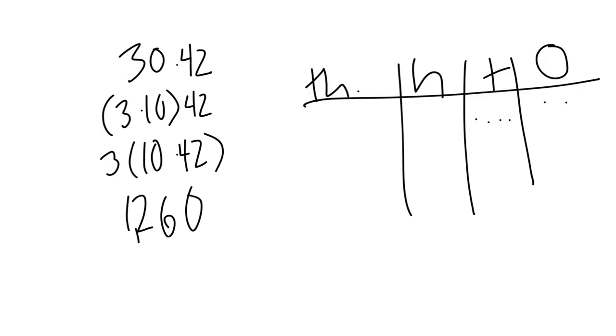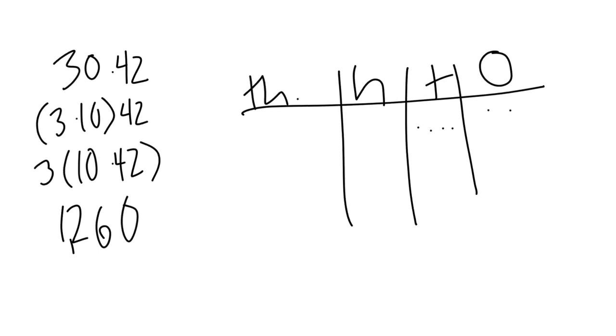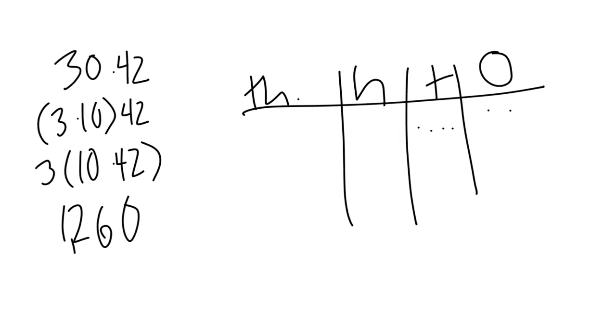So for our next problem, we're going to have 30 times 42. With the associative property, that could be 3 times 10 times 42. So we're going to put our place values for 42 times 10. We have 4 tens and 2 ones.